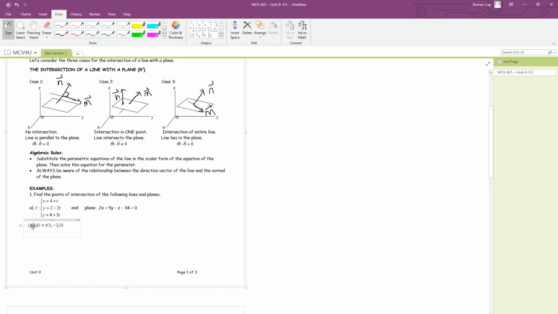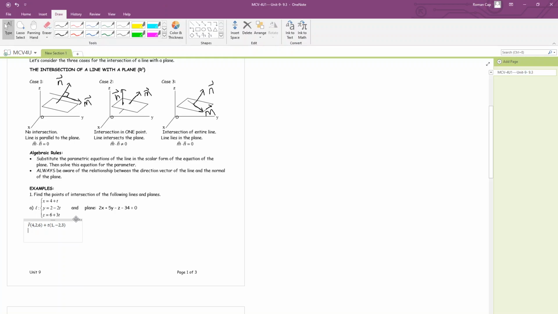Sorry, that's our r vector. So I'm going to just put r. Okay. So just put it into this form so it'll be a little bit easier to see.